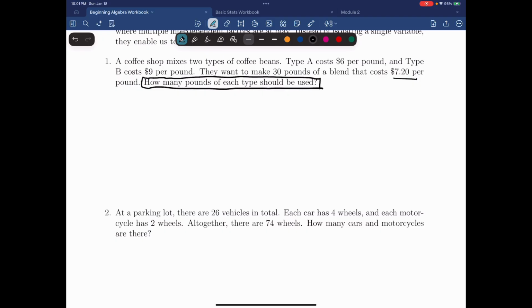Because systems have the variables x and y, so we're going to have 2 variables, is we want to assign what each variable means. So I'm going to say x represents the pounds of the coffee mixture type A, and y represents the pounds of type B.